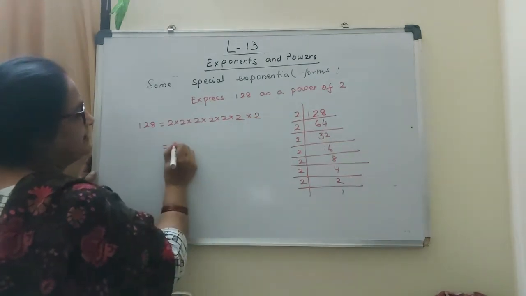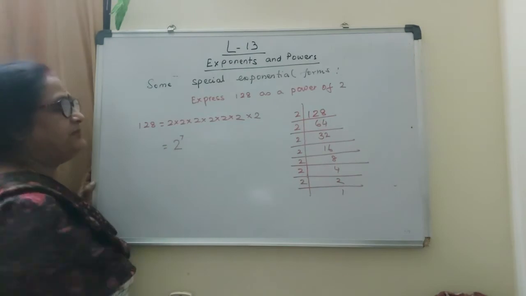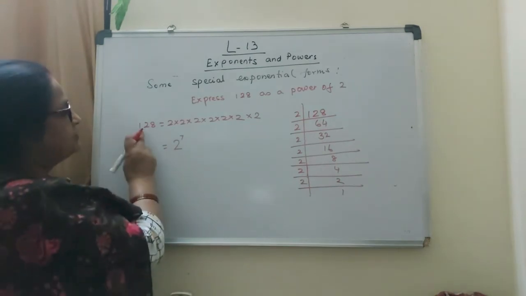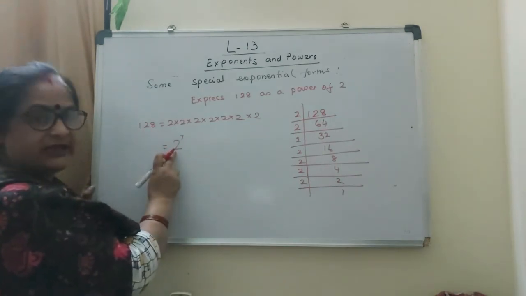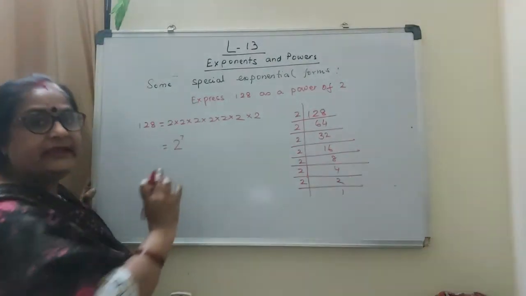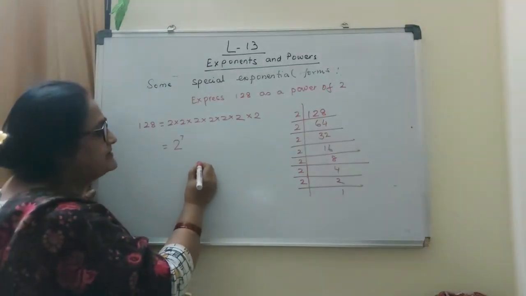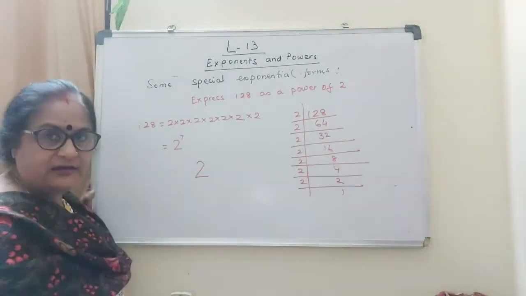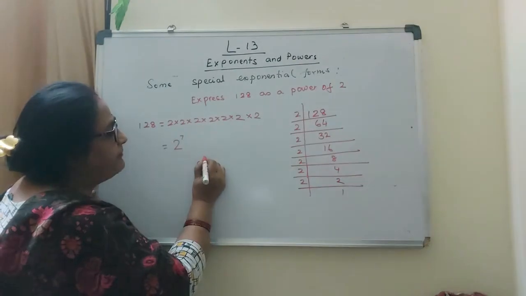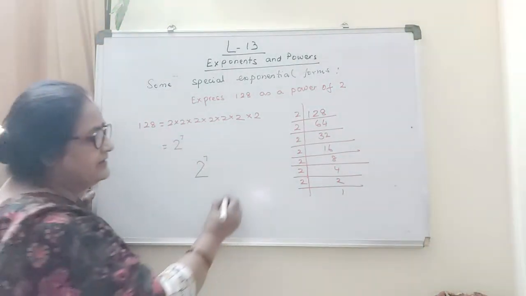Or I can say 2 is the base. How many times is it multiplied? 7 times. So 128 can be written as 2 raised to the power of 7. While writing it, children, please understand the font of the base is big and the font of the power is small, on the top right hand corner.